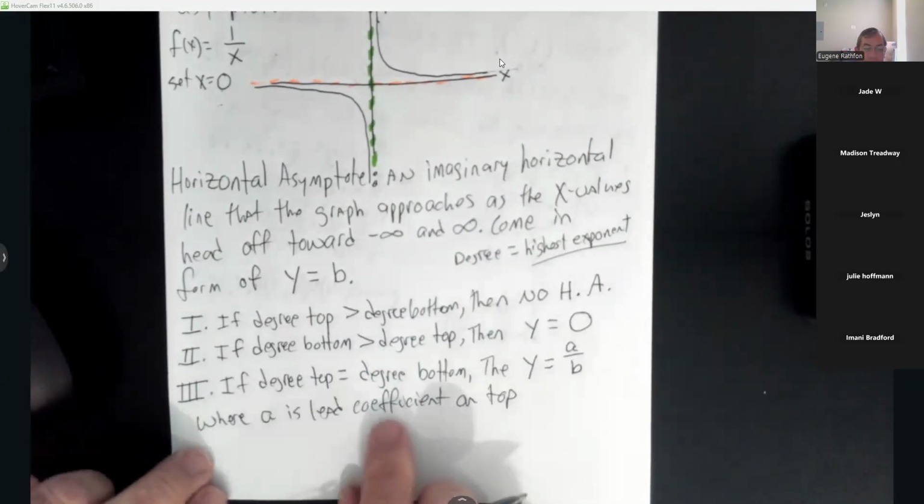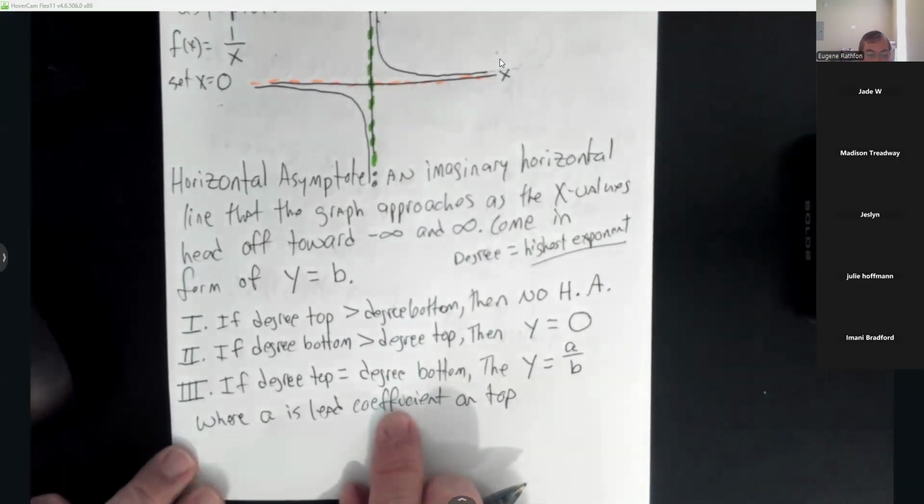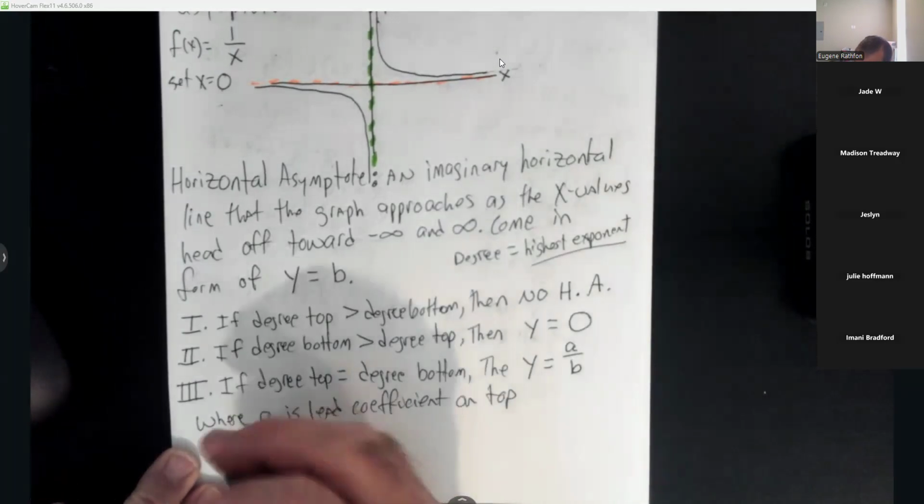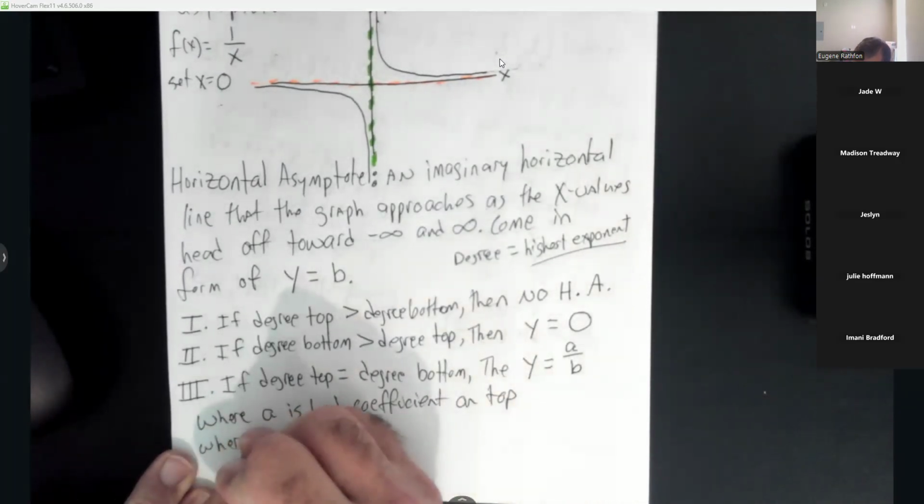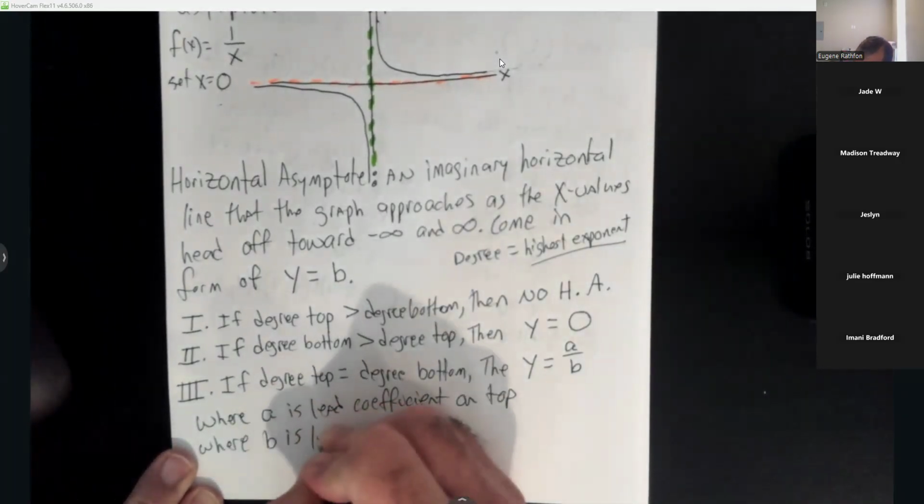Now remember, coefficients are the numbers in front of those variables. So a is the lead coefficient on top, and b is the lead coefficient on the bottom.